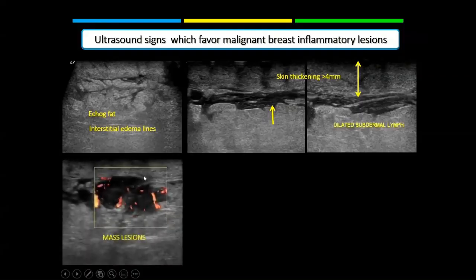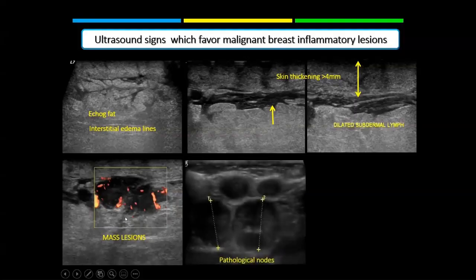In the breast, in many cases, we can find associated malignant mass lesions, and the axillary lymph nodes are pathological looking. They are globular with eccentric or muffled hila and with increased cortical thickness.